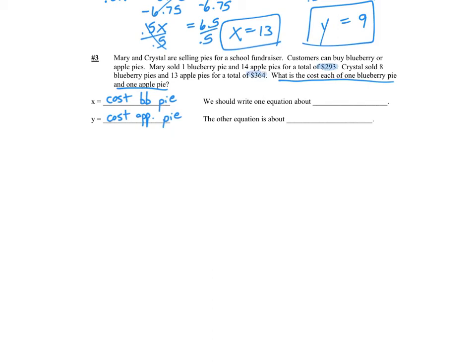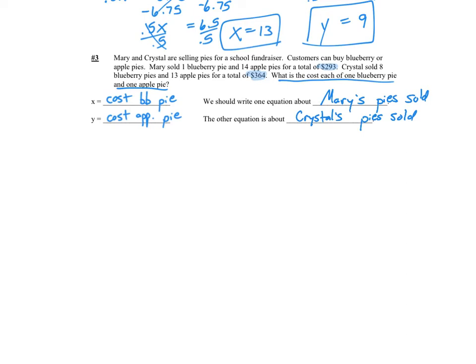They tell us $3.64. So we should write one equation about Mary's pies sold, and one equation about Crystal's pies sold, because that's what they tell us the totals are.